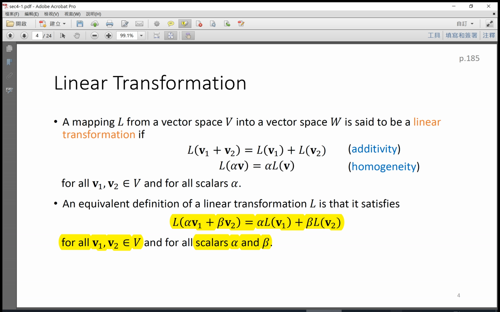This definition is a combination of both the additivity and the homogeneity property. When proving a mapping is a linear transformation, you can use either the first definition or the second definition.